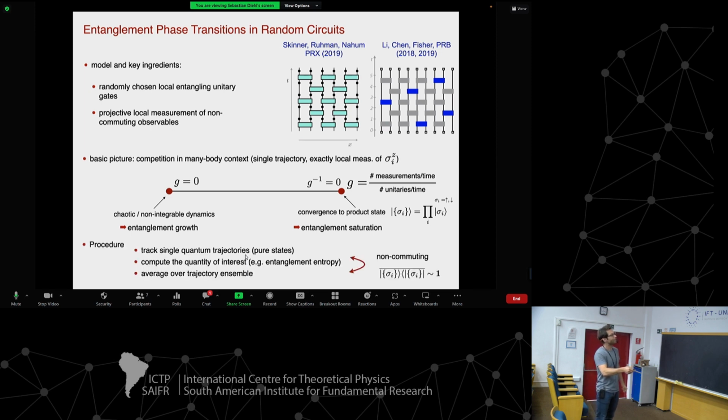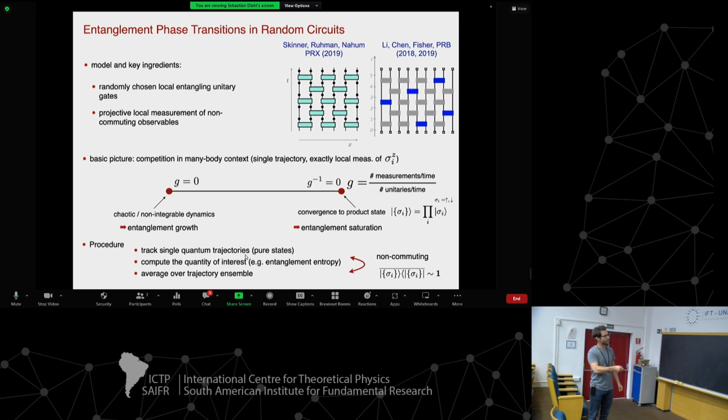And I already advertise here so that you keep it on top of your mind: in order to find this and to characterize this entanglement growth, you have to follow a specific procedure. Namely, you have to look at single trajectories, single runs of this measurement dynamics, which always proceeds in a pure state, as I've explained on the first slide, these two fundamentally distinct types of quantum dynamics.